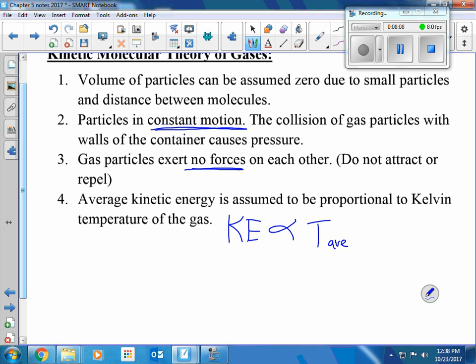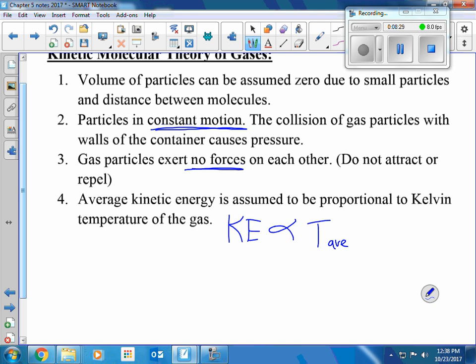And a couple other notes that I have here are that gases can be compressed. We know that we can force gas into a smaller space. If you think about the tire on your vehicle, you are compressing a lot of gas. You're putting a ton of gas in there, pumping it in when you pump up your tire. So gases can be compressed.